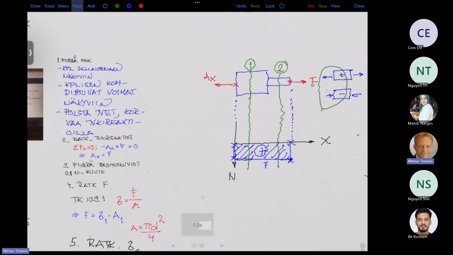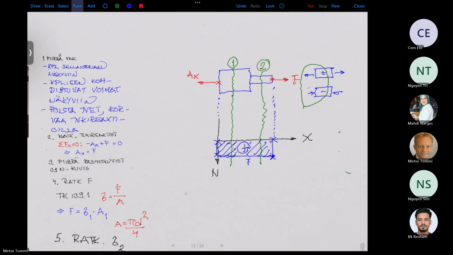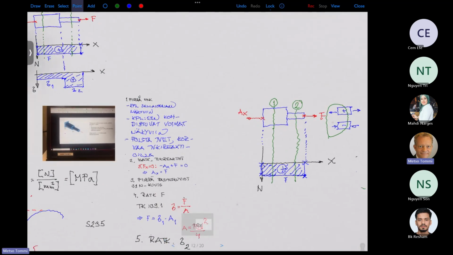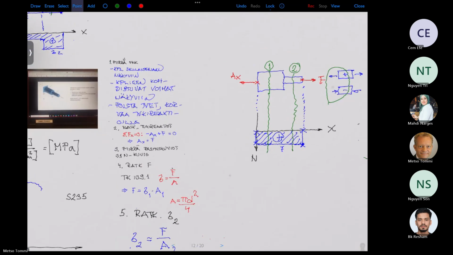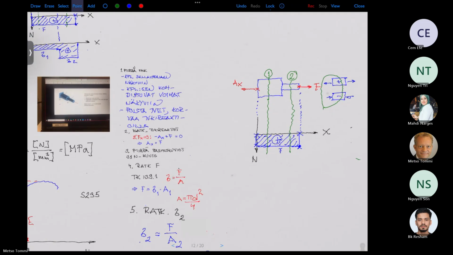Then what you have to do next, it was said in the exercise to calculate the force F next.